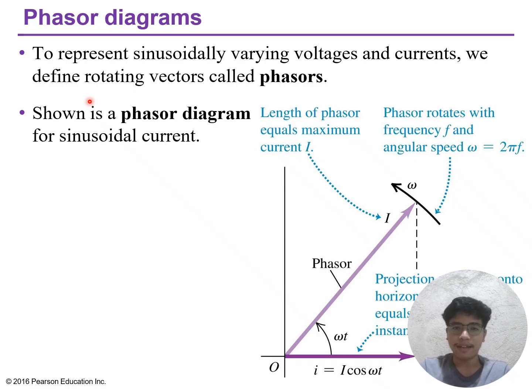A phasor diagram, as shown, displays these rotating vectors at a particular instant in time, with the length of the vector representing the amplitude of the sinusoidal quantity and the angle of the vector relative to the horizontal axis representing the angle, denoted by phi.